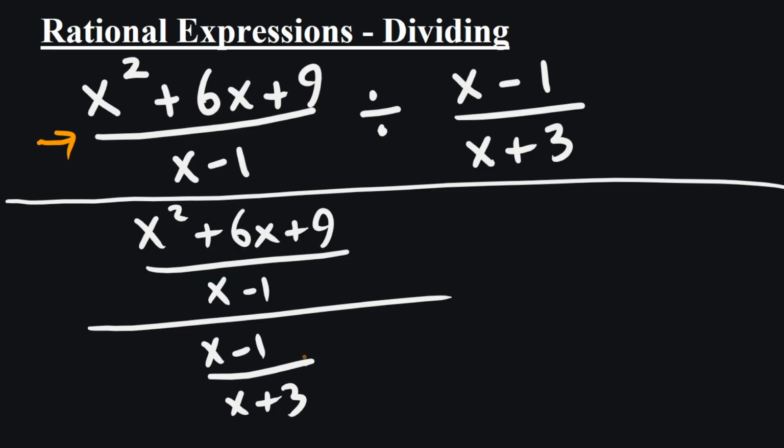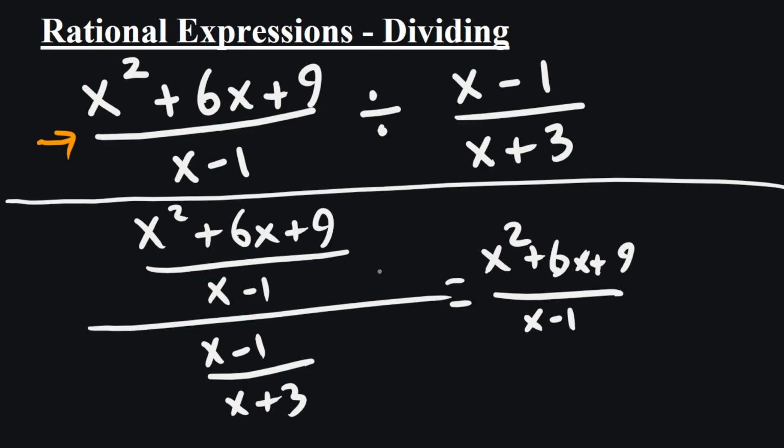The whole numerator, x squared plus 6x plus 9 over x minus 1, goes there, and then you take the reciprocal of the denominator, x minus 1 over x plus 3.